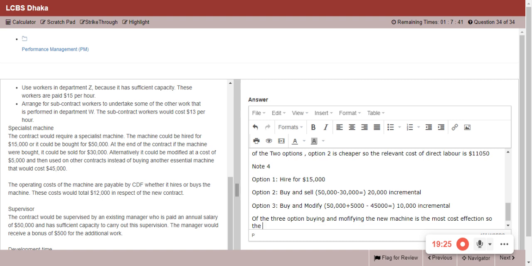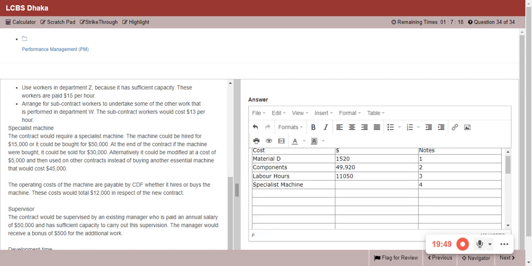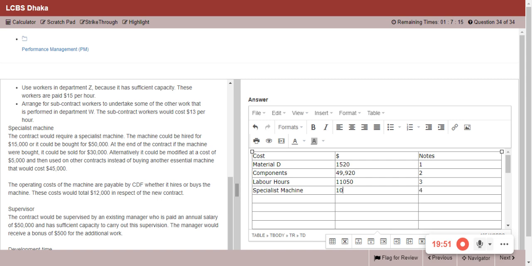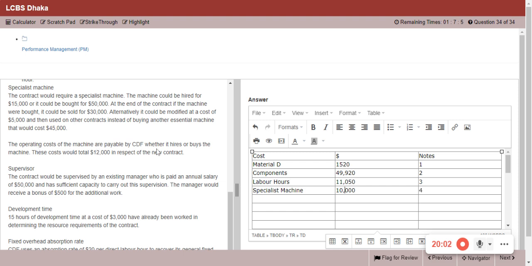So the relevant cost of the specialist machine is $10,000. Okay. This is my specialist machine.